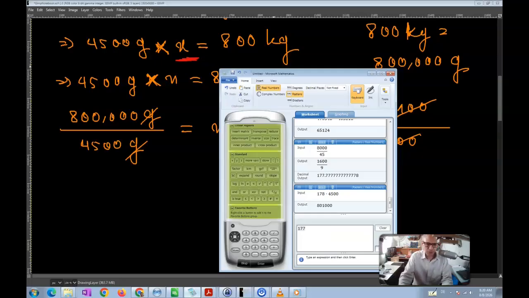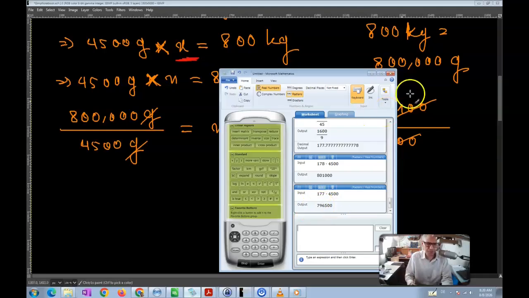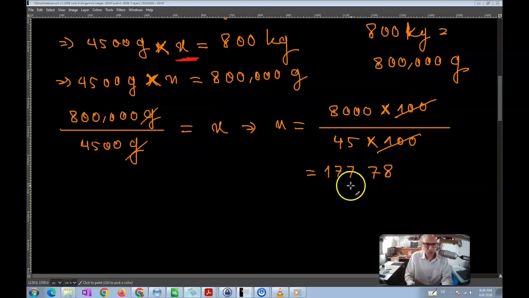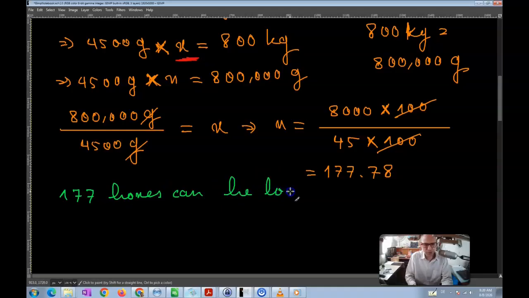But if I use 177 times 4,500, it's going to be 796,500 grams, which is 796.5 kilograms, which is below 800 kilograms, right? So I'm going to round down, and I'm going to say that 177 boxes can be loaded into the van.